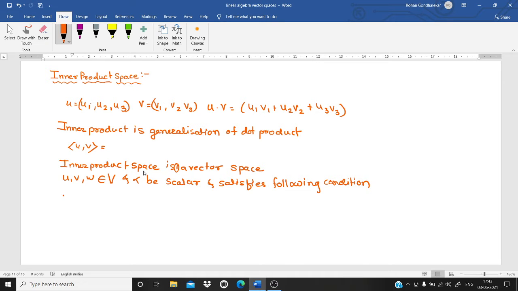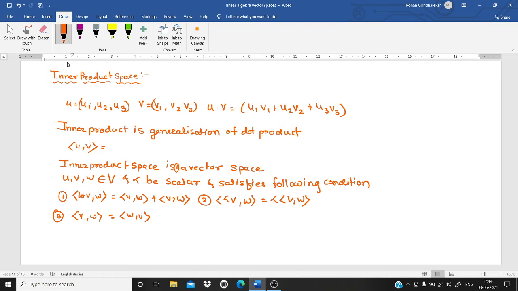The first one is the inner product of u plus v with w is given as the inner product of u with w plus the inner product of v with w. Fine. Another property is the inner product of alpha v comma w will be given as alpha times the inner product of v comma w.